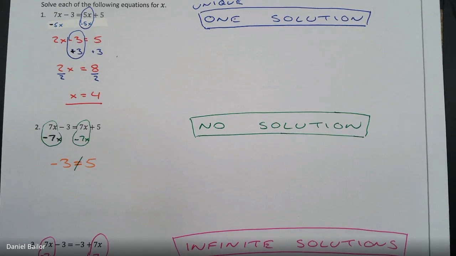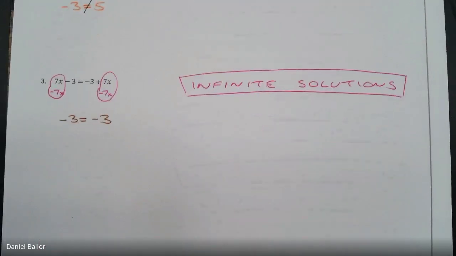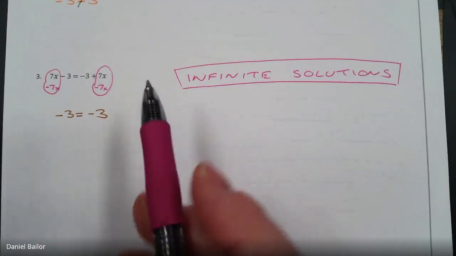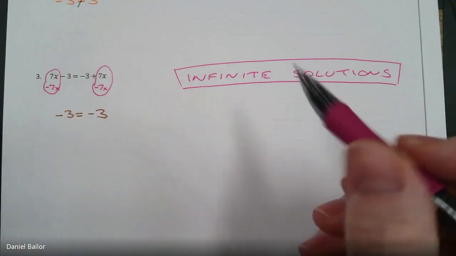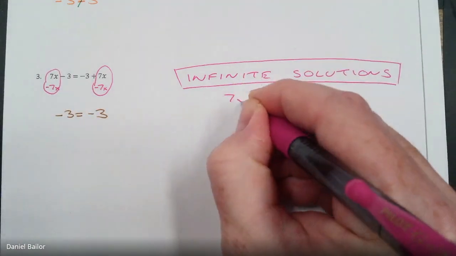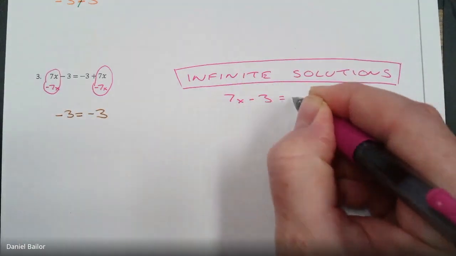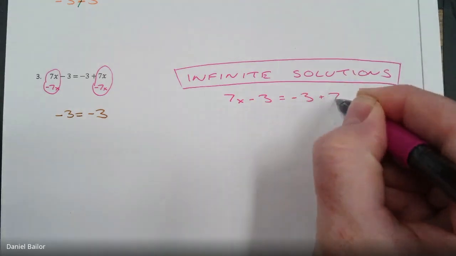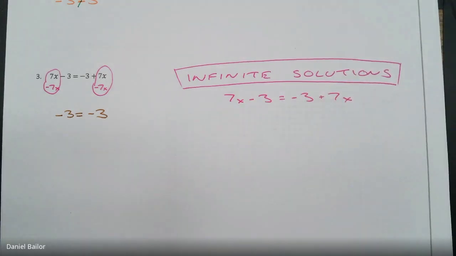So let's look at the infinite. So let's start at the bottom. Infinite solutions. What do I notice about the equation I started with? This is the equation I started with. Now, if you'll notice in this, both sides are exactly the same.